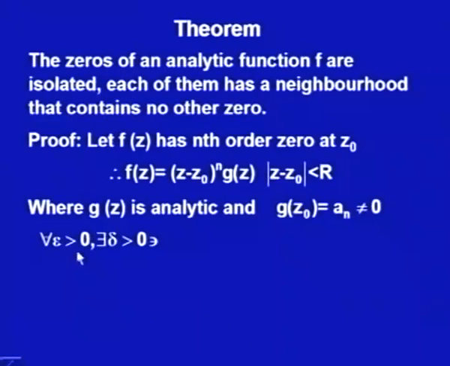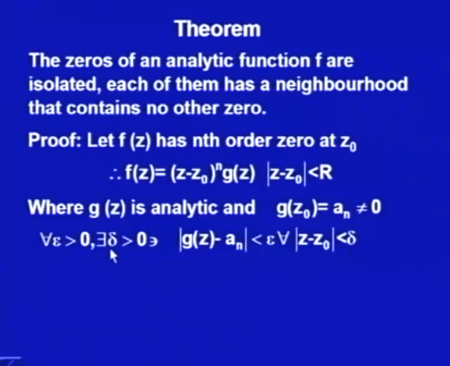Now, since G of z is analytic, what it says is that at z naught g is also continuous. What does it say? The definition of continuity says, for every epsilon greater than 0 there does exist a delta greater than 0 such that mod of G of z minus G of z naught, or G of z minus a n, because g at z naught is a n, is less than epsilon for all mod z minus z naught less than delta.